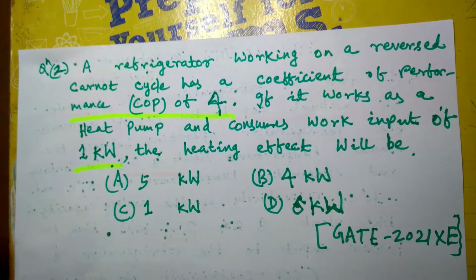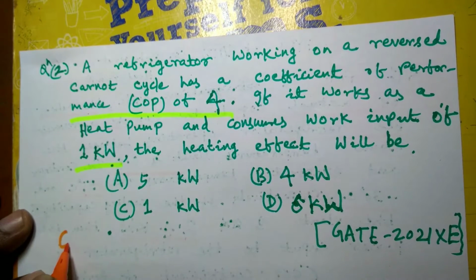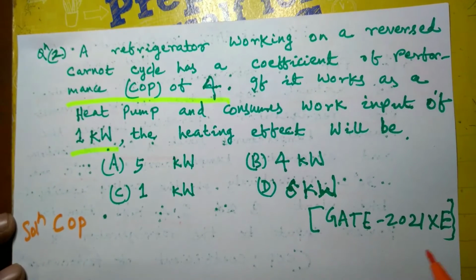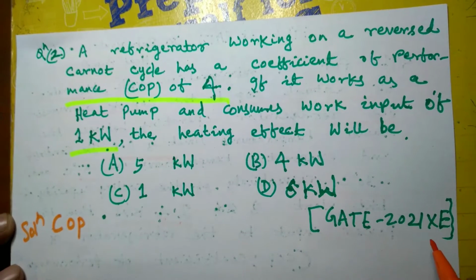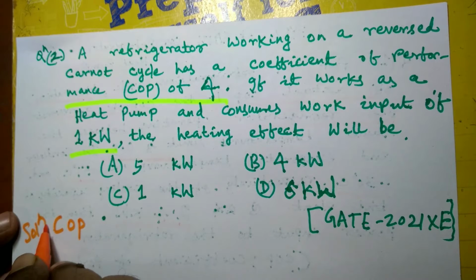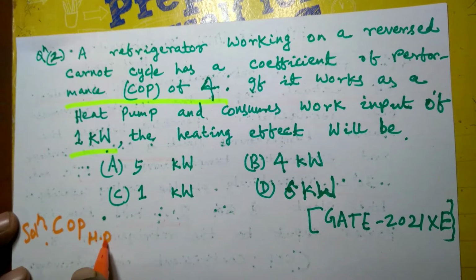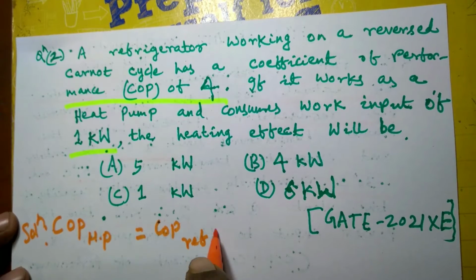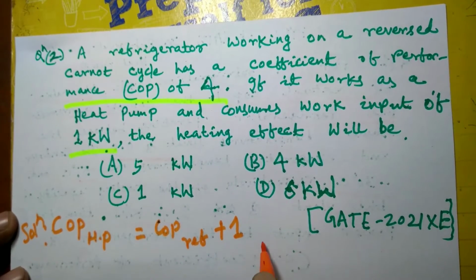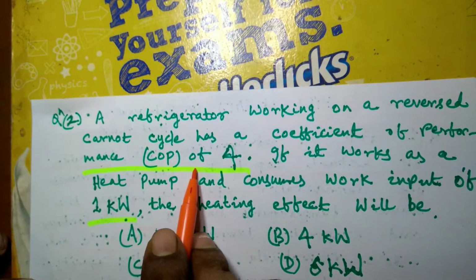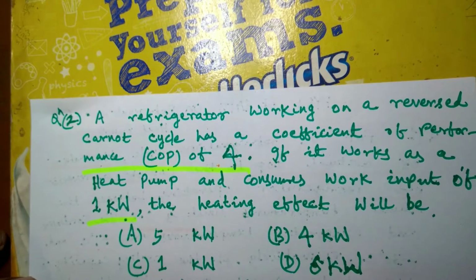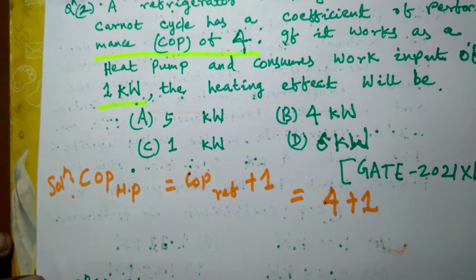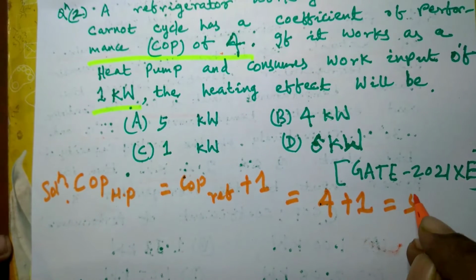This was asked in the year 2021 ESE GATE. We know that COP of heat pump is nothing but COP of refrigerator plus 1, and COP of refrigerator is given to be 4. So that is 4 plus 1, that is equal to 5.